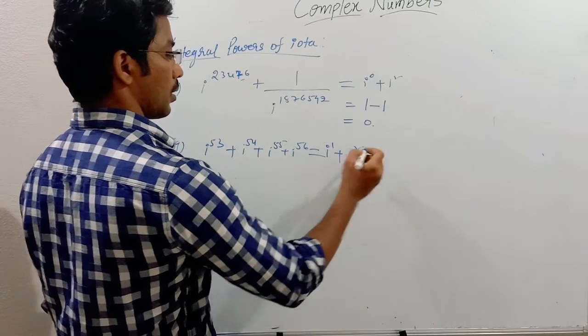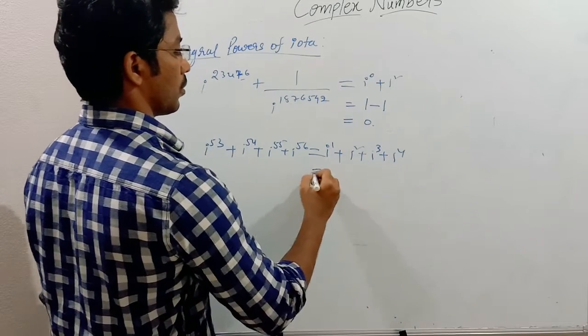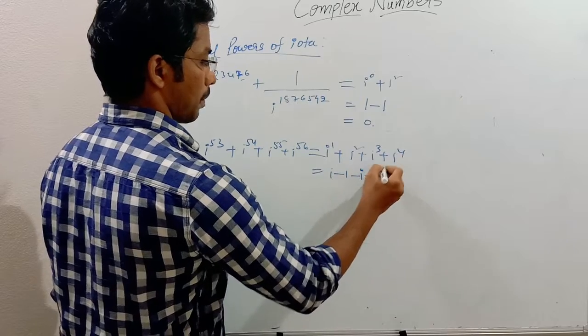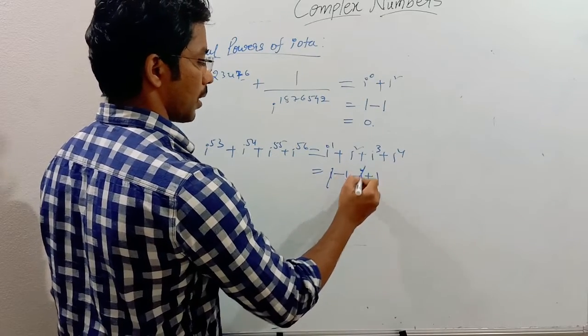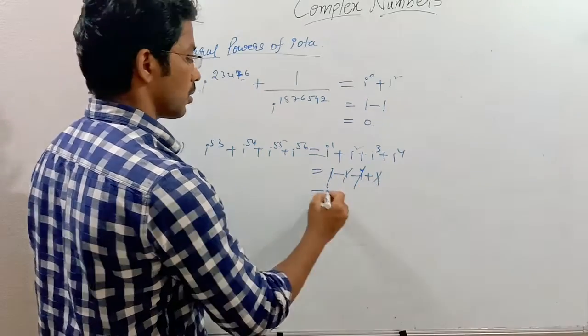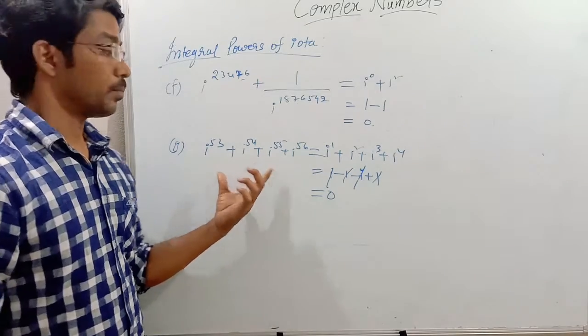Here the remainder is i power 3. Here the remainder is i power 4. So i minus 1 minus i plus 1. Minus i plus i gets cancelled, and minus 1 plus 1 gets cancelled. So what is the value here? 0. This is the important result which has to be remembered.